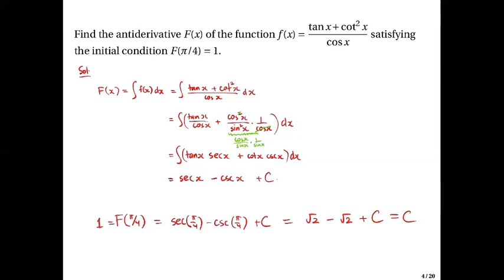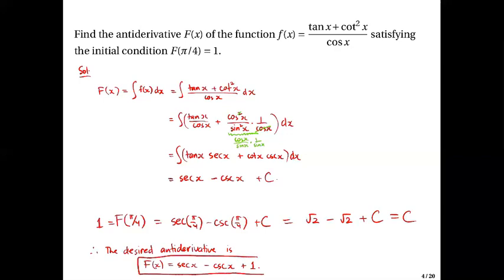So this is just equal to c. Therefore, the desired antiderivative is capital F of x equals secant x minus cosecant x plus c, which is 1. So this is our final answer.